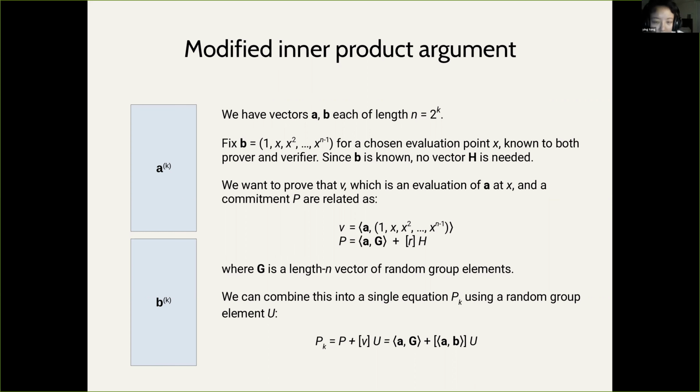So P over here is a Pedersen commitment. It's the inner product of a with some vector of random group elements plus some shift by some other randomness, basically. So we do want to convince the verifier of these two relations.